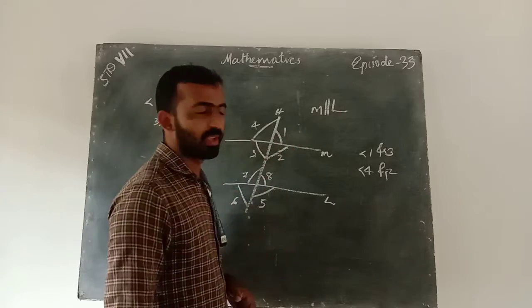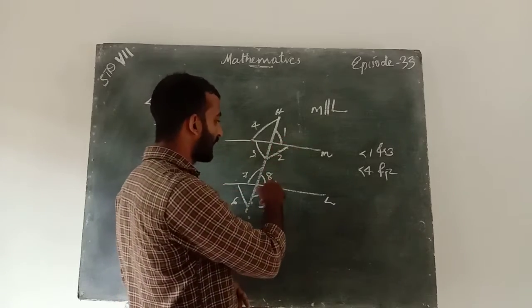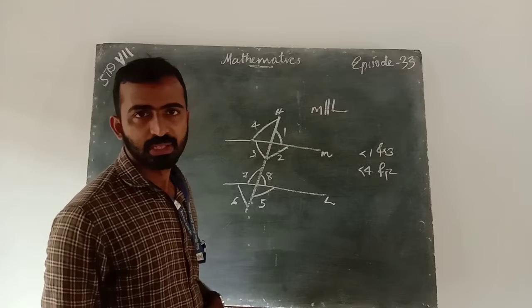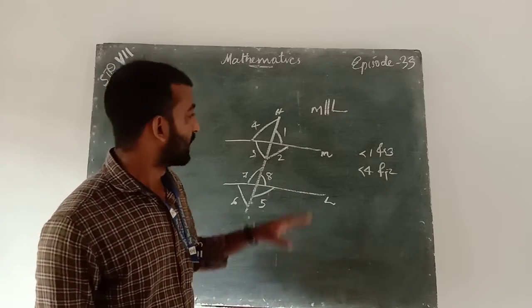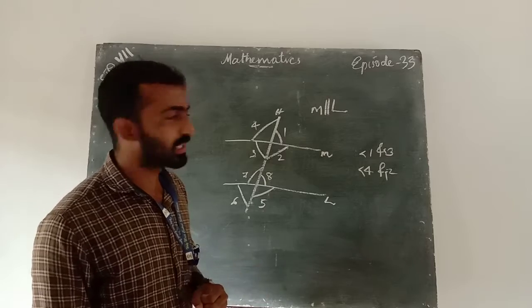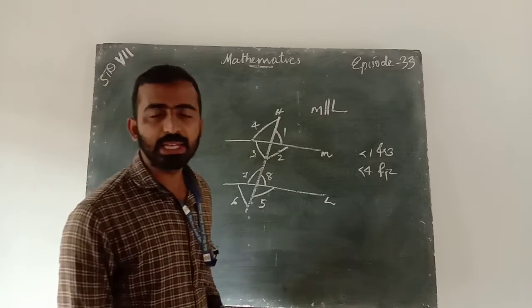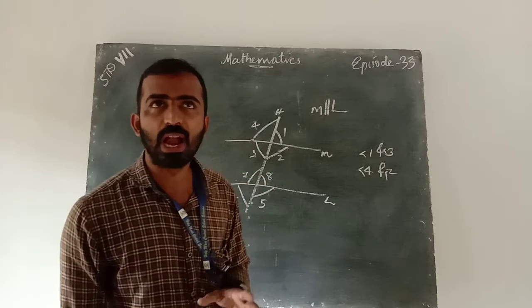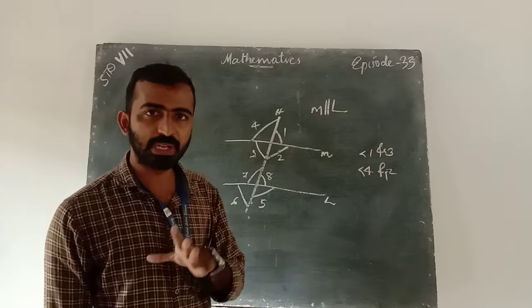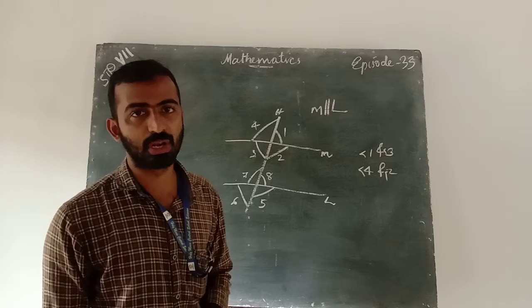And angles 1 and 8, we call corresponding angles. If M and L are parallel, then the corresponding angles are also equal.